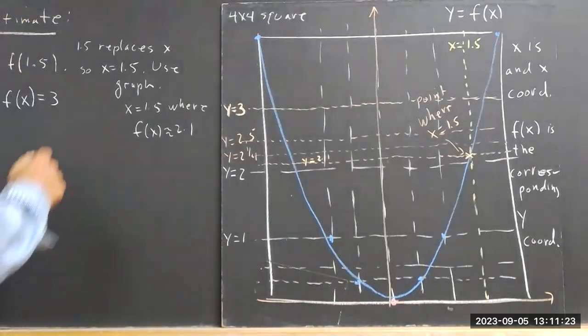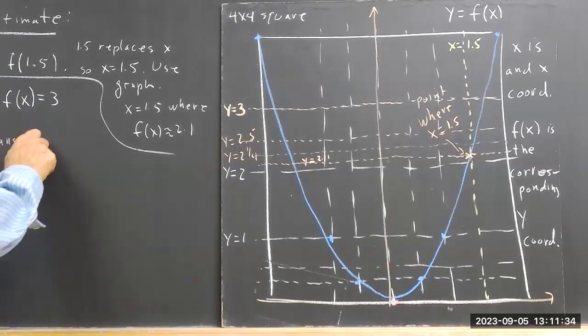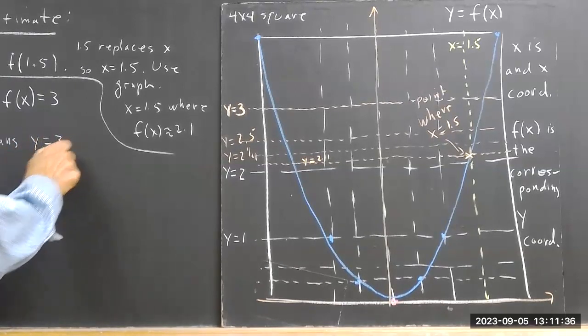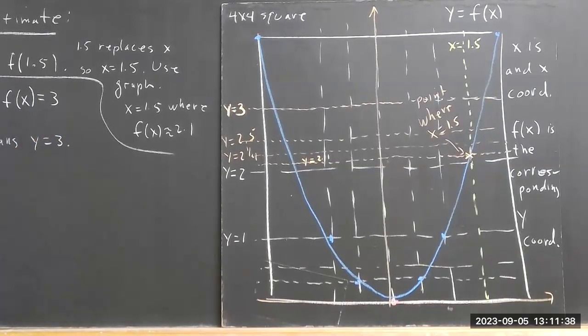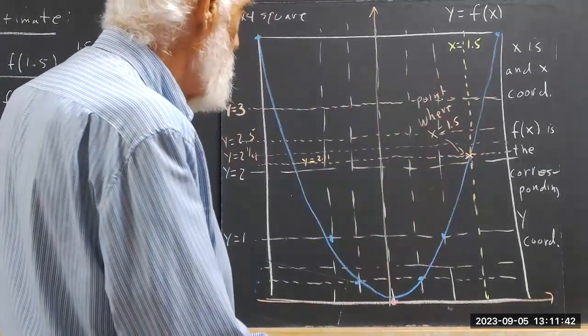Okay. Now, f of x equals 3. This is an equation. Well, coincidentally, we already have the y equals 3 line here.